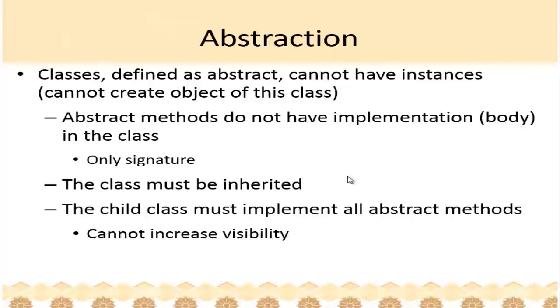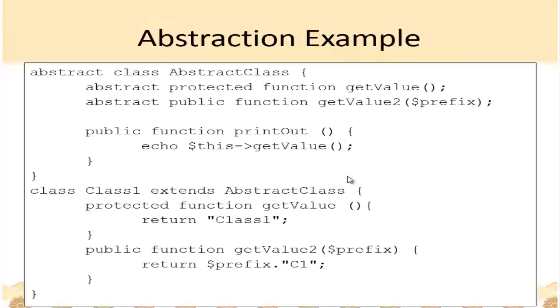It is not possible. It is true in other programming languages also. You cannot change the visibility of the method. If the abstract class says that this is a public method, that's the end of it. It's a public method. If it says it's protected, it is protected. You cannot override the visibility of it because it's going to create security issues in the primary classes.